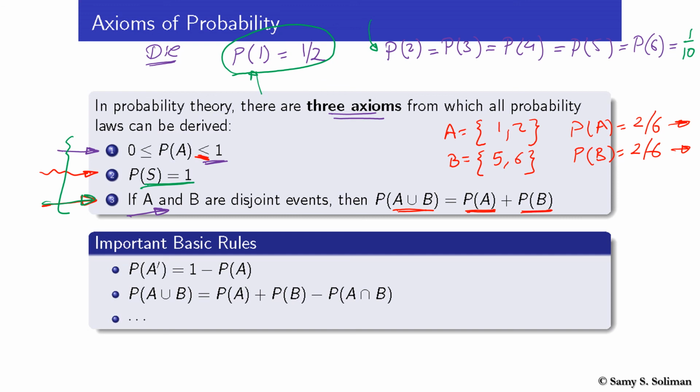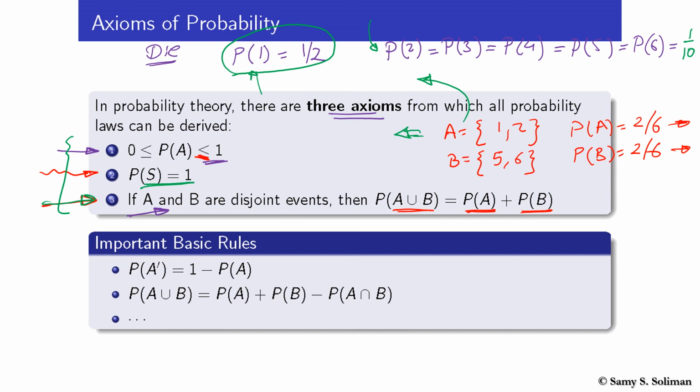Now, if we consider the probability of event A under this consideration, the probability of event A can be considered as the union of 2 events. One of them includes the outcome 1, and the other includes the outcome 2. And since these 2, let's say, sub-events are mutually exclusive, the probability of their union is the addition of their probabilities.